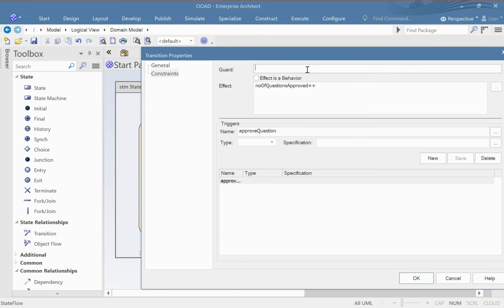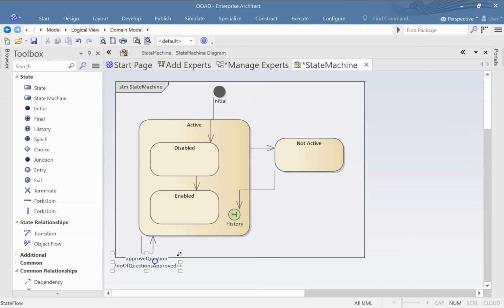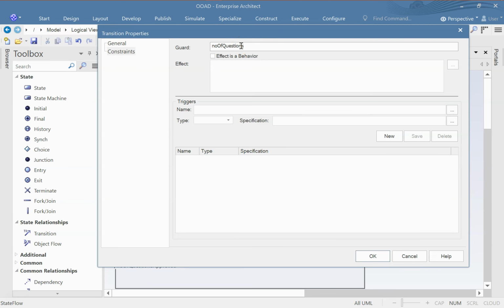Is there a condition that has to be satisfied? No. He's approving it, it's approving it. Okay. But when he's approving a question, if number of questions approved is greater than or equal to minimum questions required for testing.